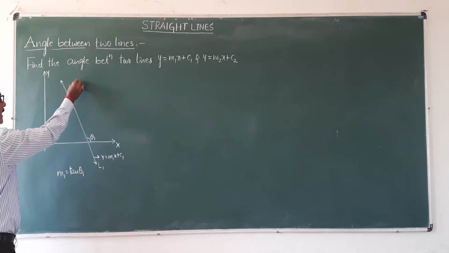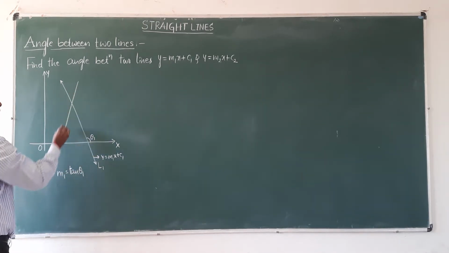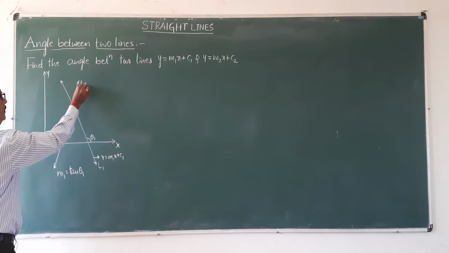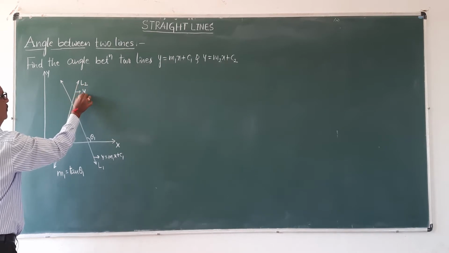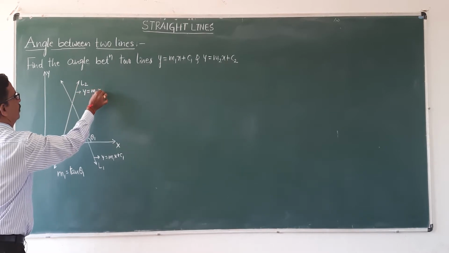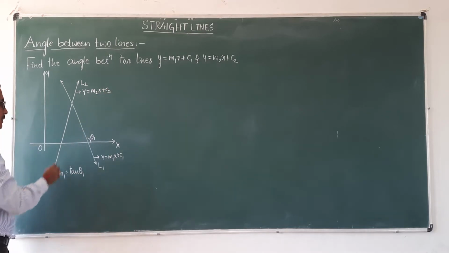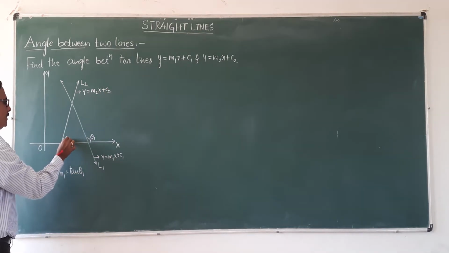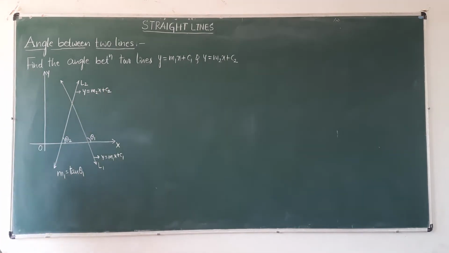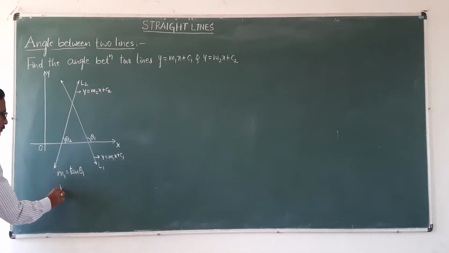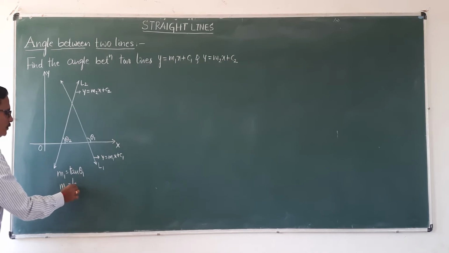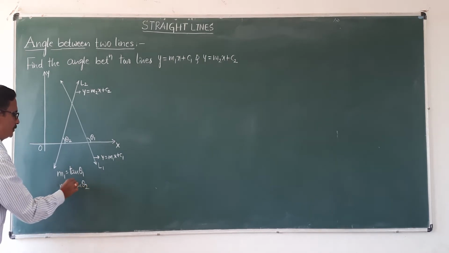Okay, take another straight line, let the line L2. Its equation of line is y is equal to m2x plus c2. It makes an angle theta 2 with the same direction of x axis, that is also known as slope of the straight line. We write m2 is equal to tan of theta 2.